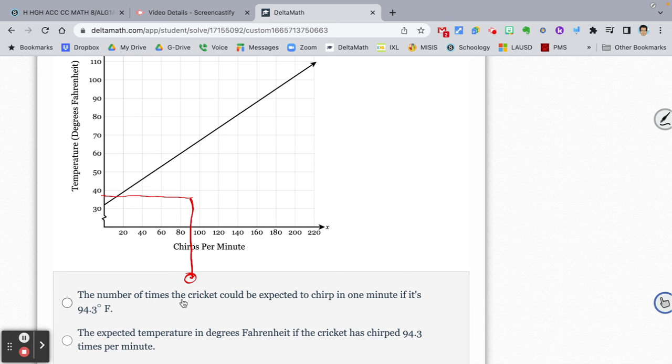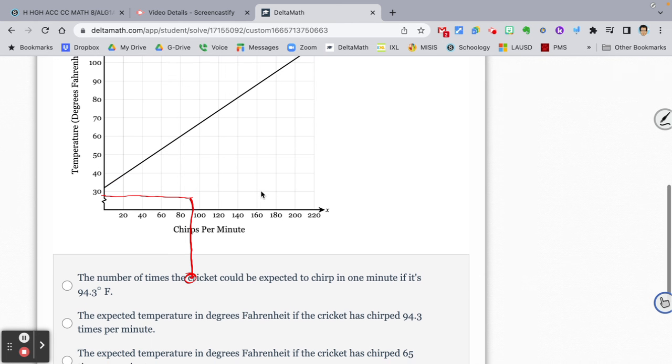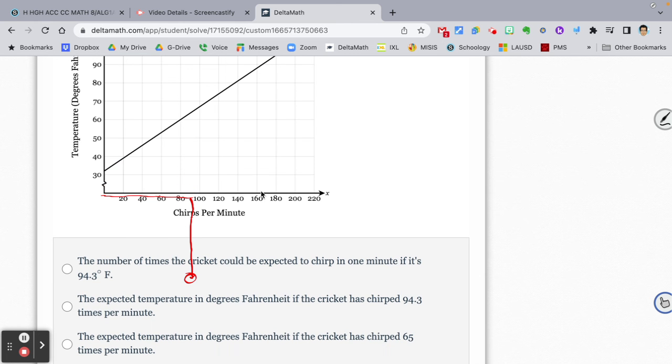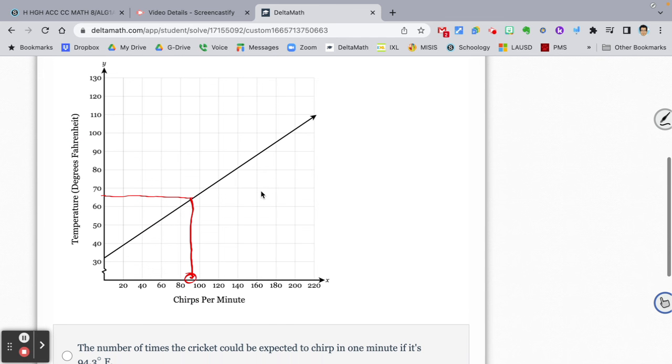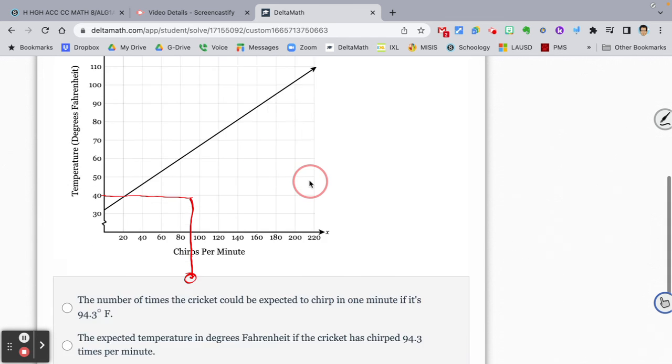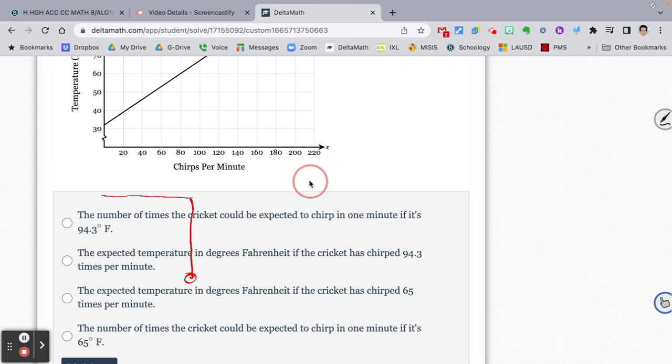The number of times the cricket could be expected to chirp in 1 minute if it's 94.3 degrees. No, that can't be it because it was 65 degrees. The expected temperature in degrees Fahrenheit if the cricket has chirped 94.3 times per minute. Okay, that's reasonable because that's kind of where we landed, right? Between 80 and 100. The expected temperature in degrees Fahrenheit if the cricket has chirped 65 times per minute.